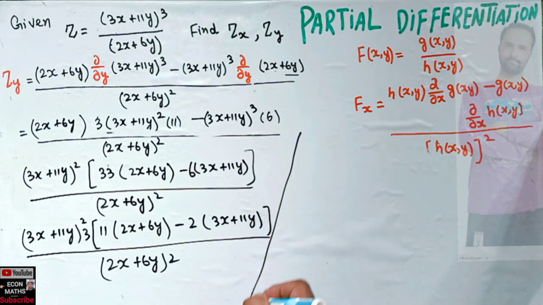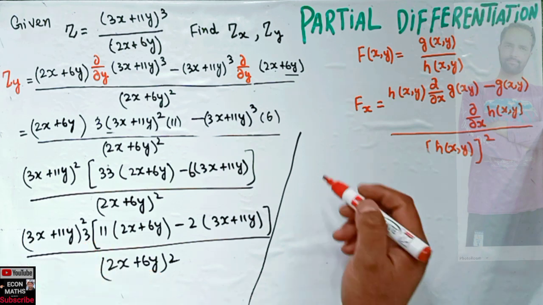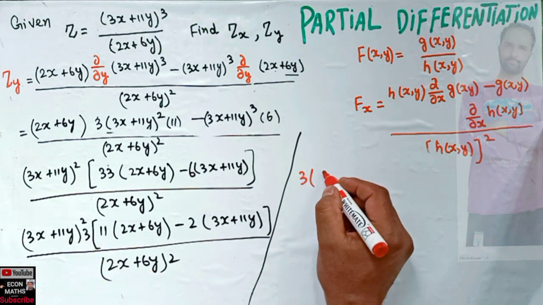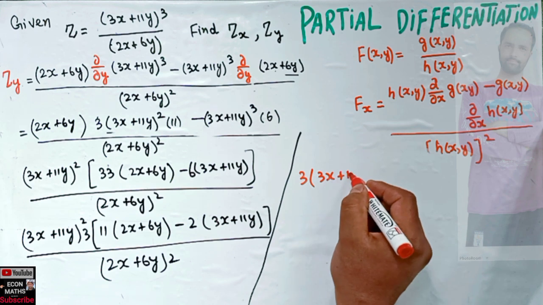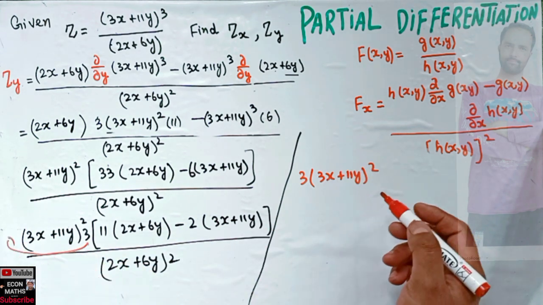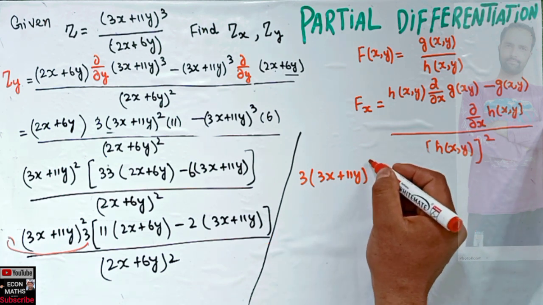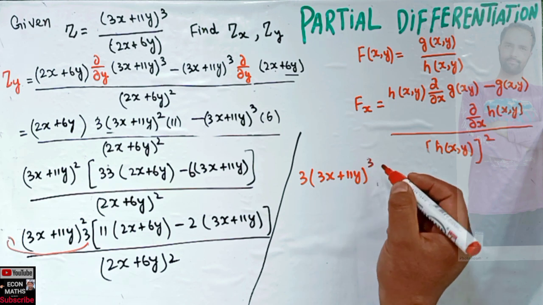I hope the calculation is going right. At times some horrendous mistakes can happen in my videos obviously. So let's write this 3 here. We have (3x + 11y) square. I have just written this 3 here because we know multiplication is commutative. So the cube is here.